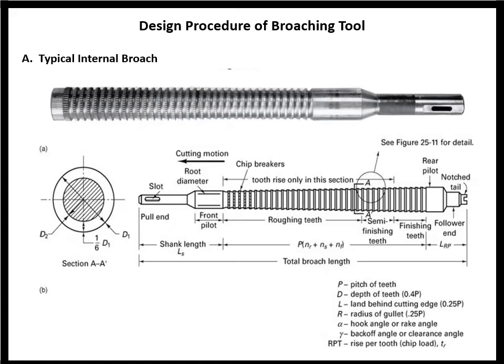Therefore we will have to find out the broach length finally, and that will include the length of all the teeth, that is roughing, semi-finishing and finishing teeth, plus the shank length, which includes the pull end, the front pilot and the follower end. That in total will give you the total broach length.